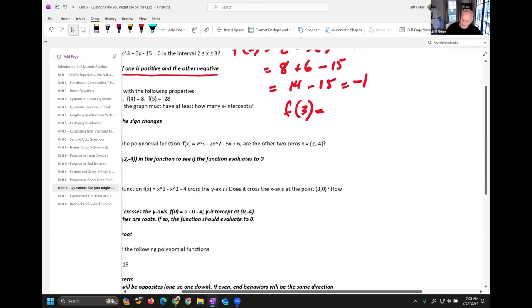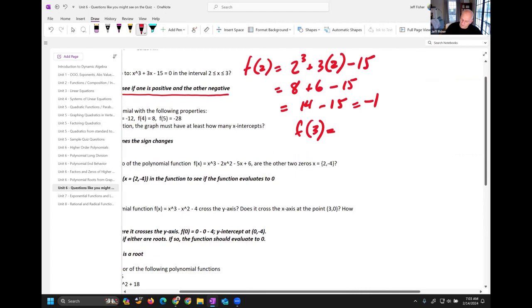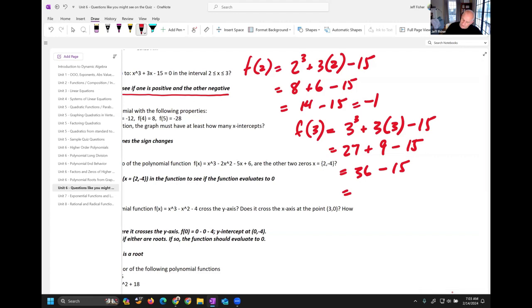Well, that's 3 cubed plus 3 times 3 minus 15. 3 cubed is 27, plus 9 minus 15. This equals 36 minus 15. This is definitely a positive number. It is 21.